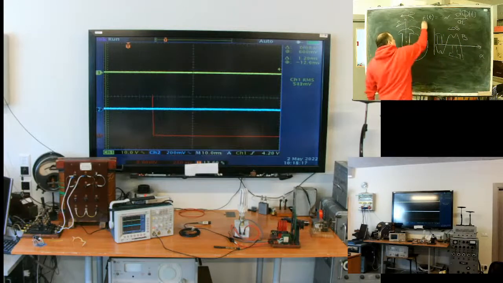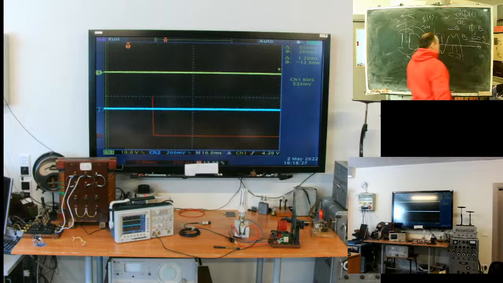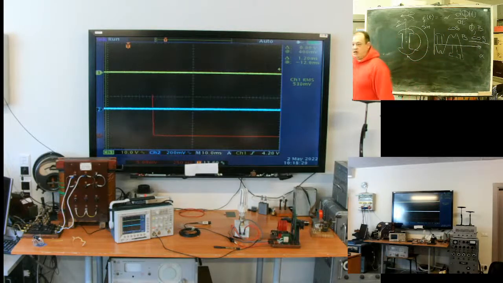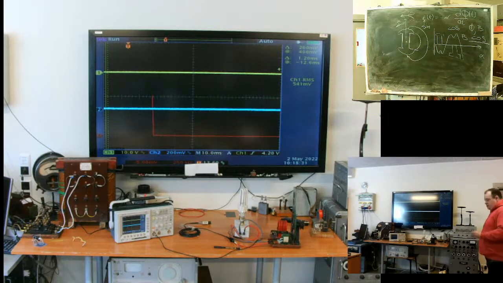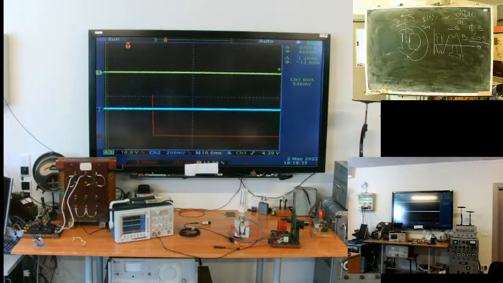To have sine here, we need to have flux and induction cosine. This is not cosine. This generator produces something disturbed.